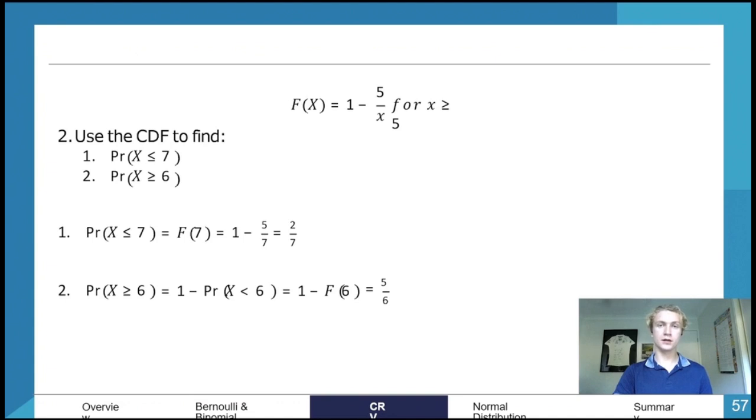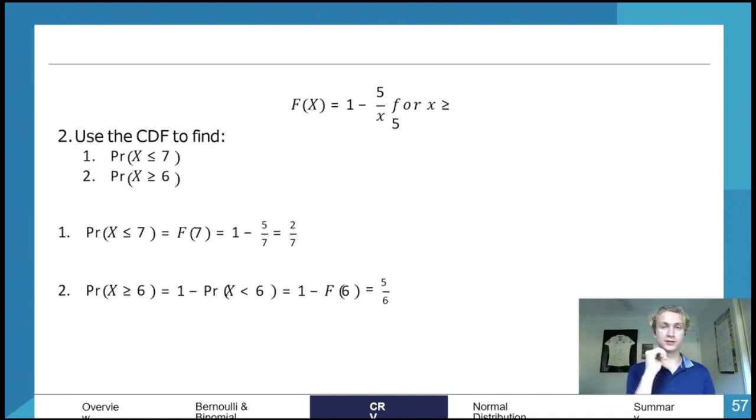Okay. Now we use the cumulative distribution function to find the probability that x is less or equal to 7. Remembering it doesn't matter if it's x is less than 7 or x is less or equal to 7, or even if it was x is greater than 7, we would do 1 minus that probability to calculate that.